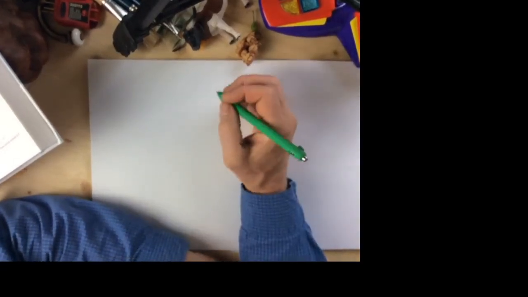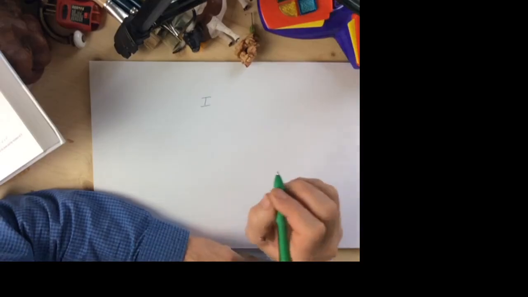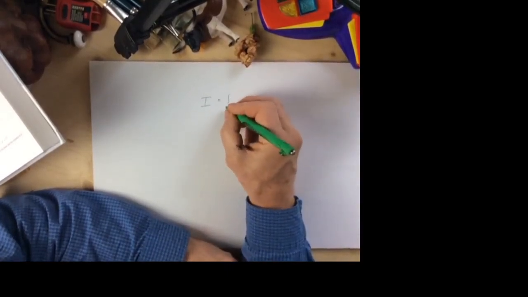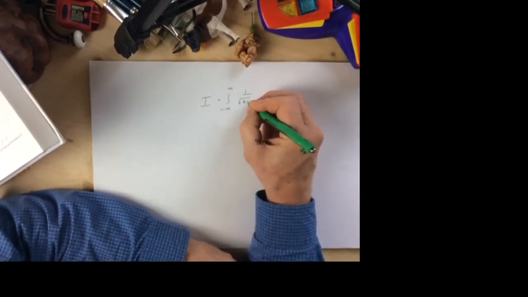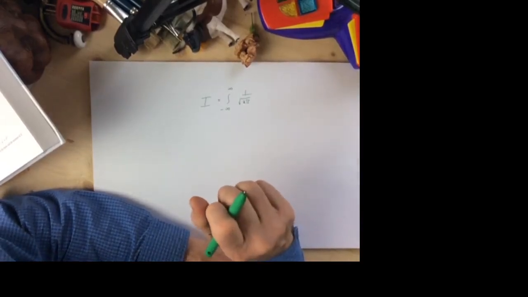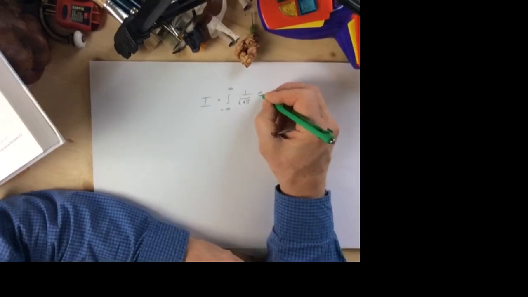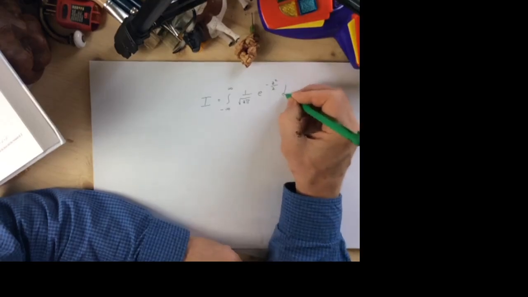So I'm going to begin with the following question. And I'm going to put a number in here to make my life easier. Actually, two very strange numbers. I'm going to call my integral to be minus infinity to infinity of 1 over the square root of 2 pi. That's the first funky number I'm going to put in there. 1 over the square root of 2 pi. And e to the minus, and I'm going to put z squared over 2 dz.